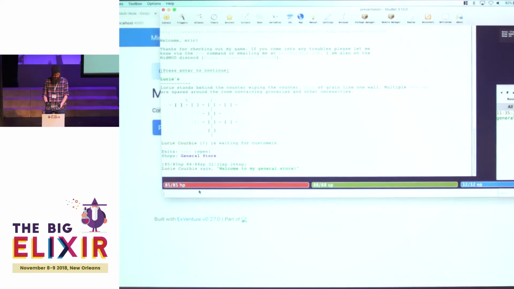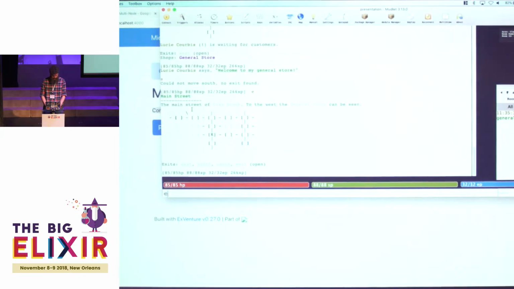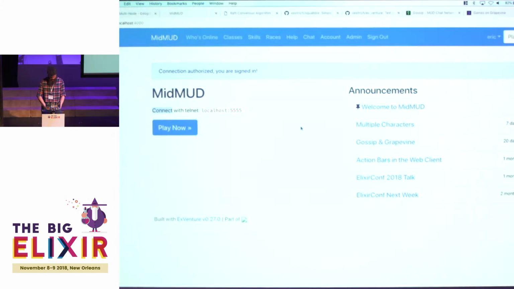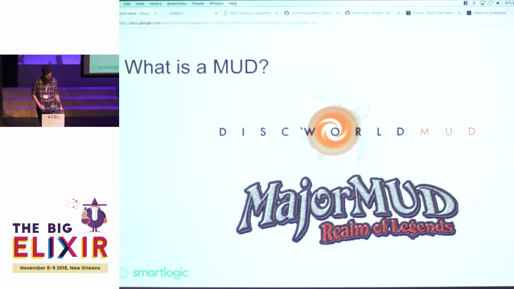So this is a full-blown local client. You can do scripting and all that fun stuff. And so yeah, we can do the same kind of walking around and whatnot. So this is primarily the interface for most other games. Okay. So that's a MUD.